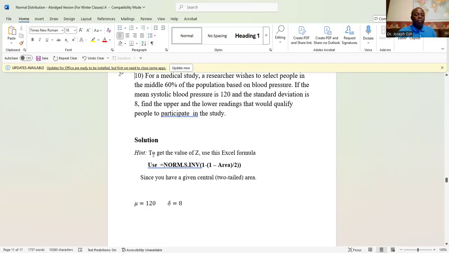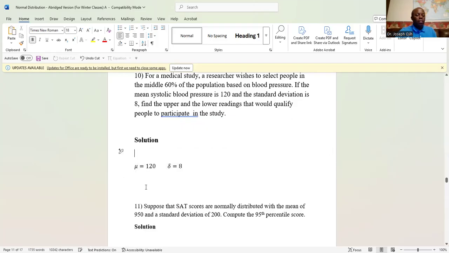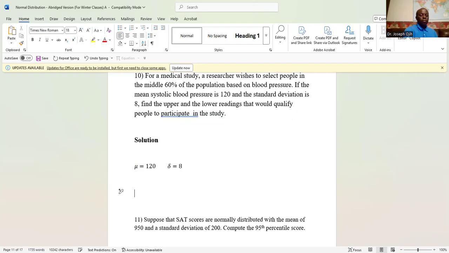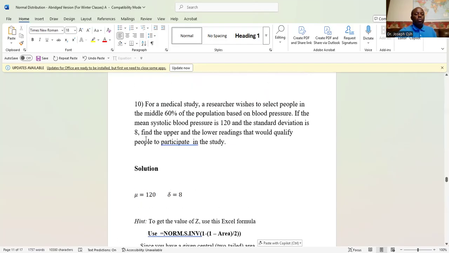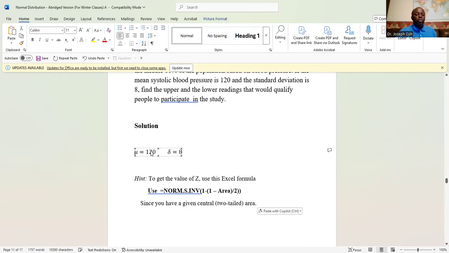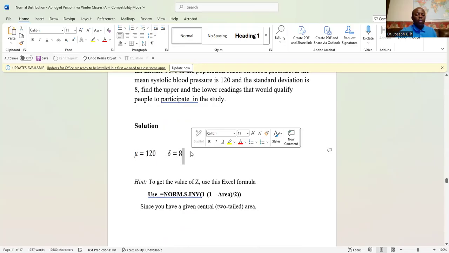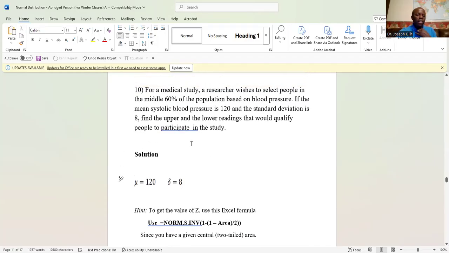We are told that the mean is 120 and the standard deviation is 8. But you have to fall within the middle 60% of the population to participate in this study.